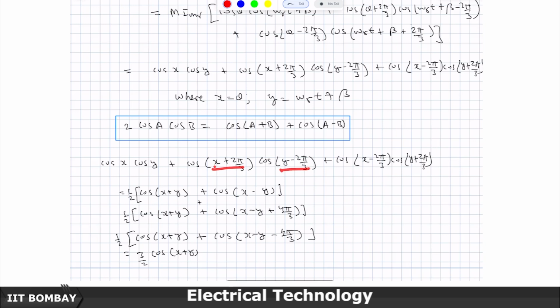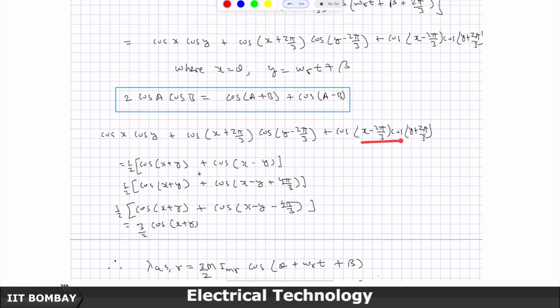When you add these terms, the a plus b parts give you x plus y for each, and when you look at a minus b, the minus 2 pi by 3 becomes positive and adds with the 2 pi by 3, so you get x minus y plus 4 pi by 3, and similarly for the third term. So, these three terms with x plus y are constant, they add together and give you 3 by 2 cos of x plus y. But these three terms have the same angle at 120 degrees apart, so if you do their summation, they will turn out to be 0.